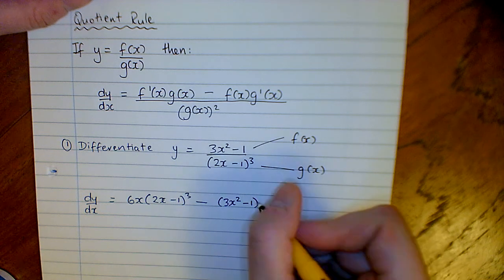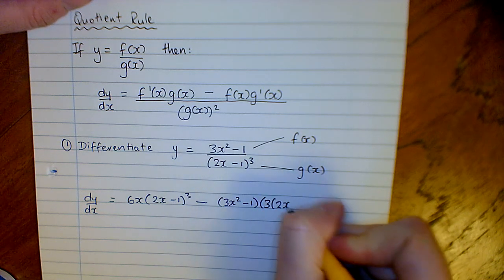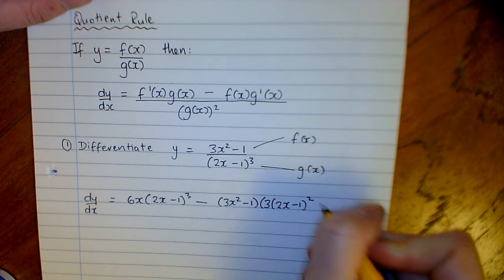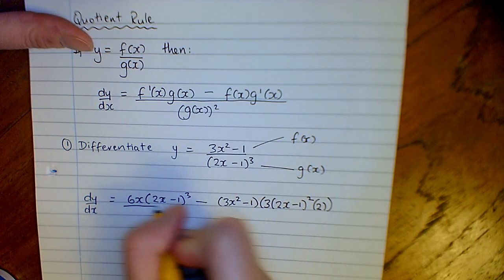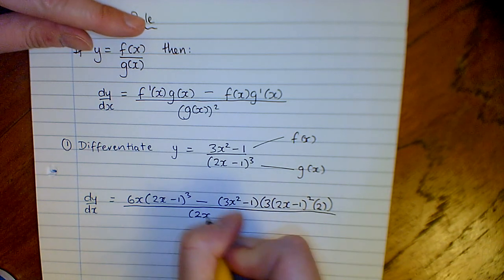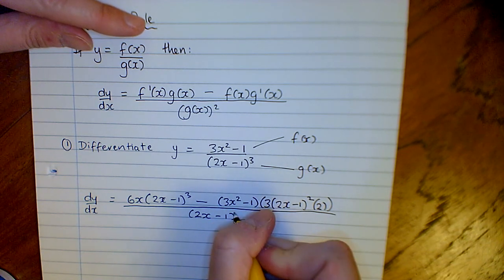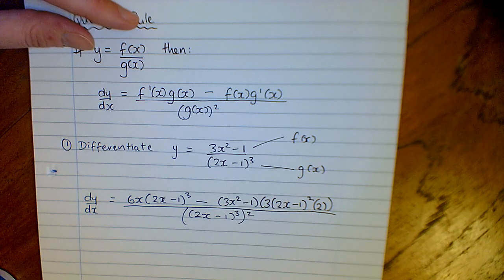So when we differentiate that, it's the function of a function, so it's 3 upon 2x minus 1 squared times 2, and that's all over 2x minus 1 cubed all squared.